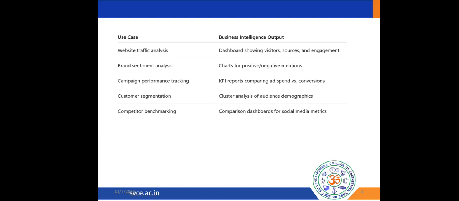Informed decision making: the insights gained from benchmarking enable companies to make informed strategic decisions, set realistic performance targets, and adapt to changing market conditions. Next is continuous improvement. Benchmarking is not a one-time event. Continuous monitoring and evaluation are essential to track trends, adapt to market shifts, and maintain a competitive advantage.